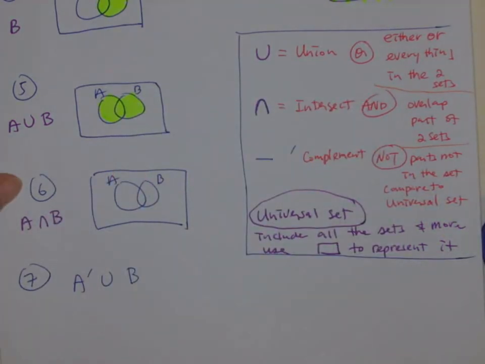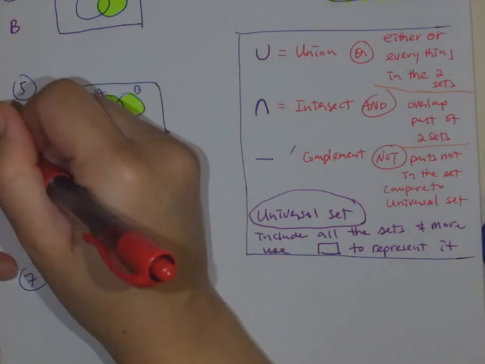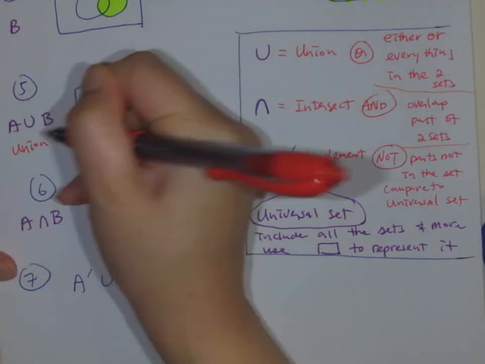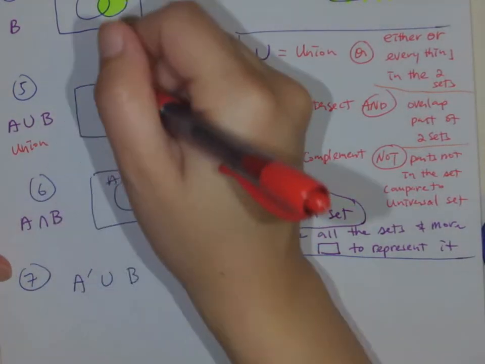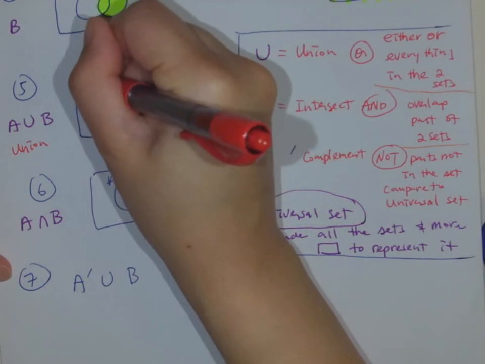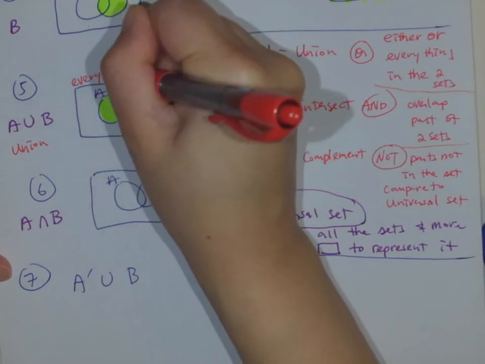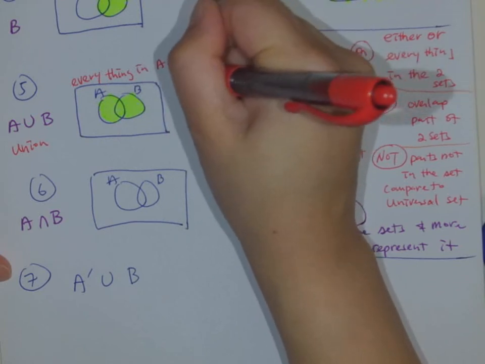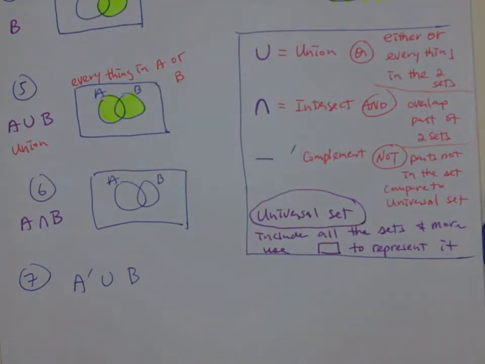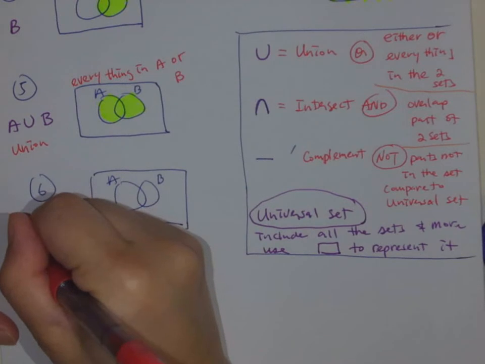And number 6, this is like union, so anything in A or anything in B. Okay, the second one is intersect.